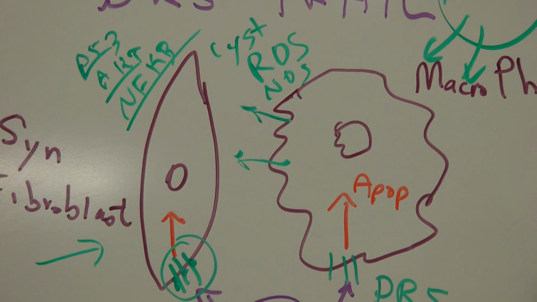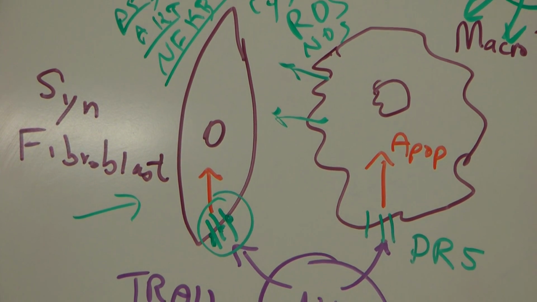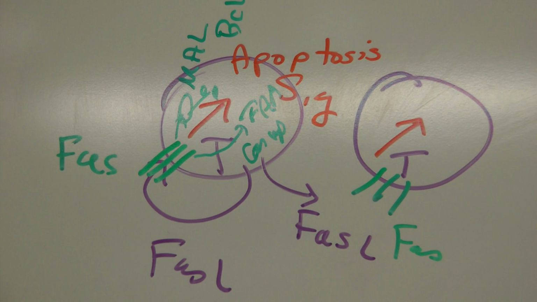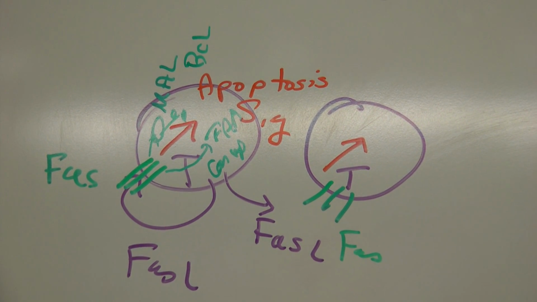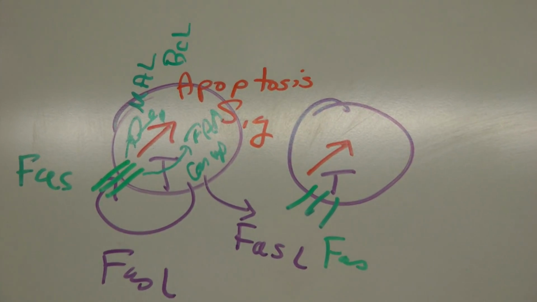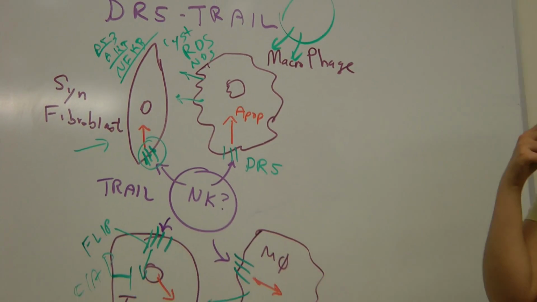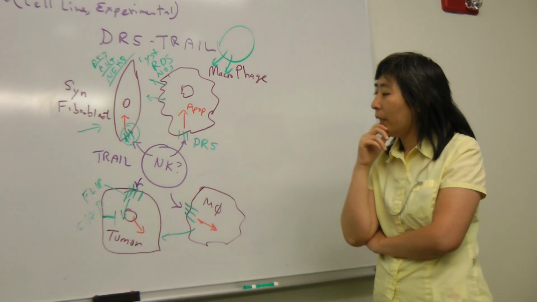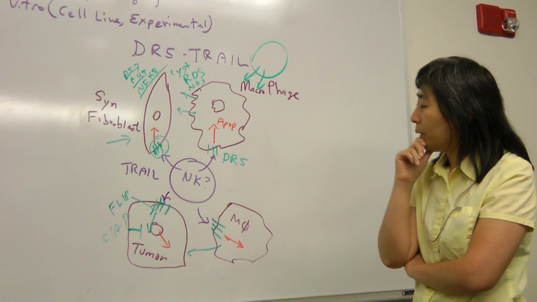We know that DR5 killing is not the same as the Fas ligand interaction. For DR5, we think it is a damage-related apoptosis pathway. So when signaling through P53, something like that, the sensitivity of DR5 killing is enhanced. That fits with the reactive oxygen species model.